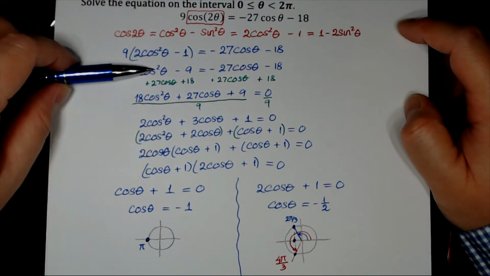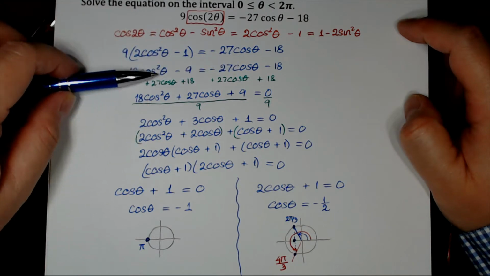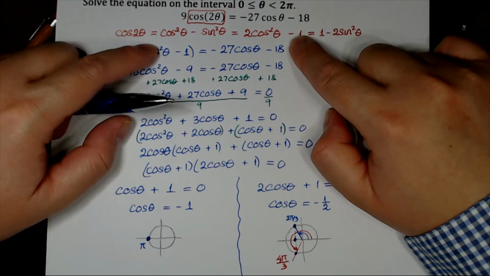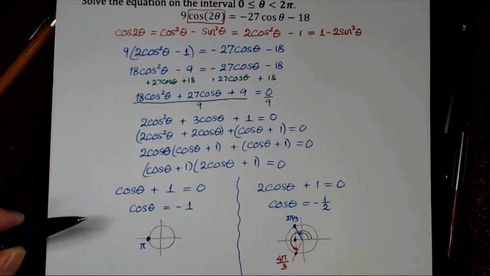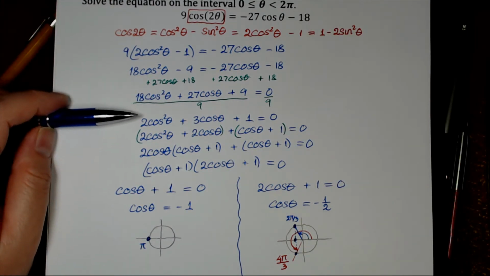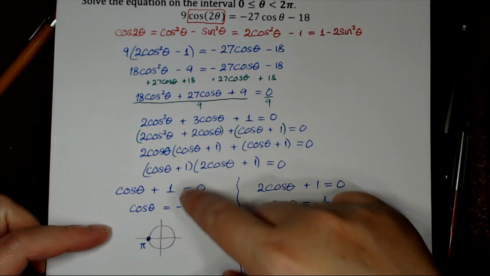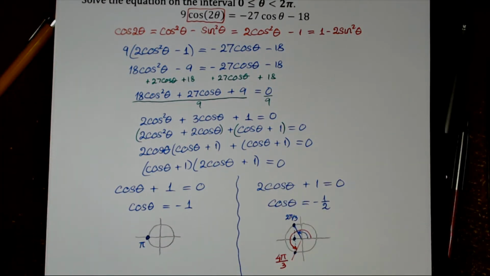Both of them have 2 and cosine, so I factor it out. We have cosine plus 1 left. And both of them have cosine plus 1, so factor it out one more time.